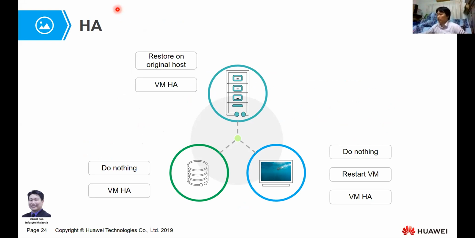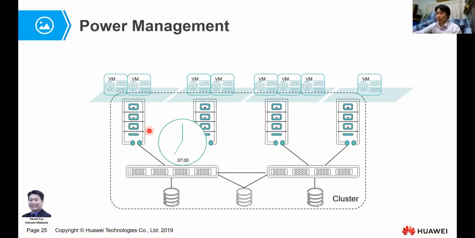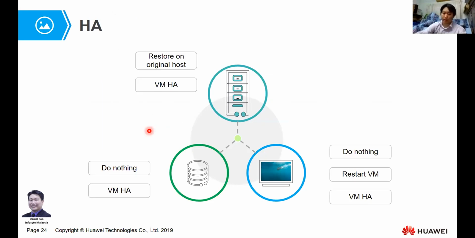The HA is called the virtual machine high availability feature. Over here, you will have a few scenarios. Let me write it down here.